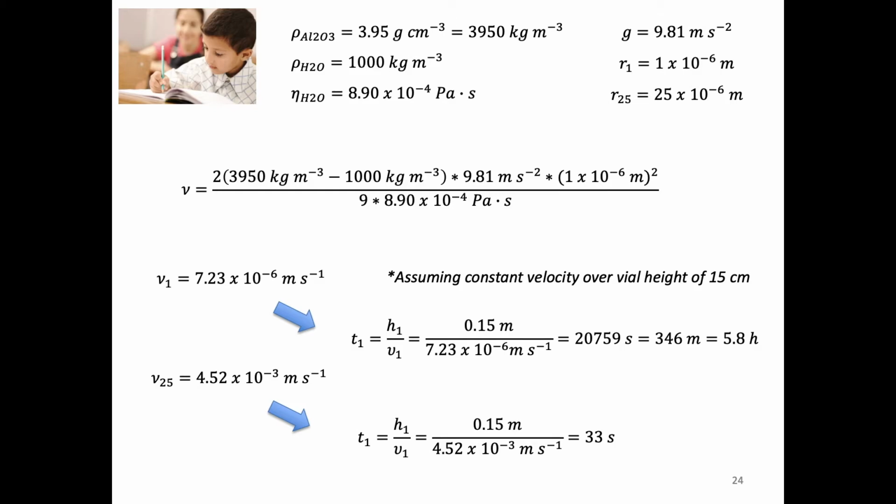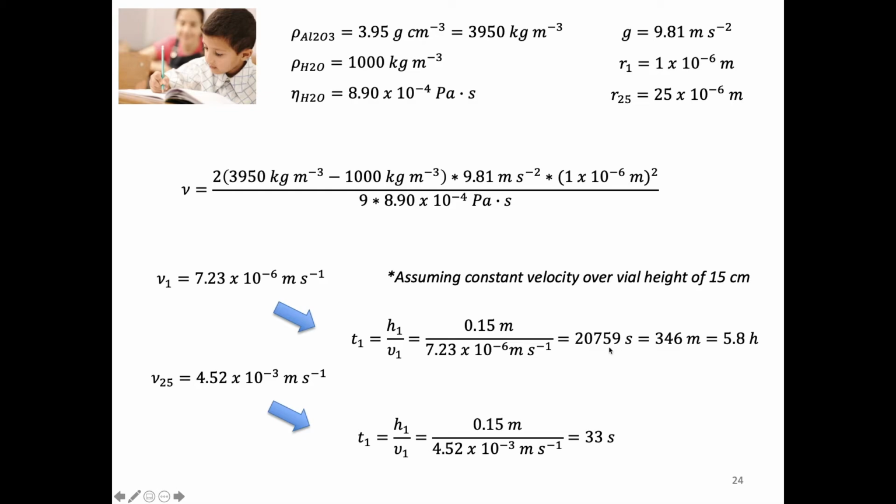All right, so if I do that, the velocity would in effect be height over time, so distance over time for constant velocity. If I rearrange that to solve for time, for the 1 micron particle, I would have the height over velocity to get units of seconds, and that would give me over 20,000 seconds.